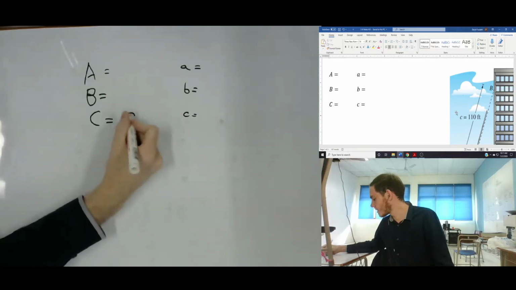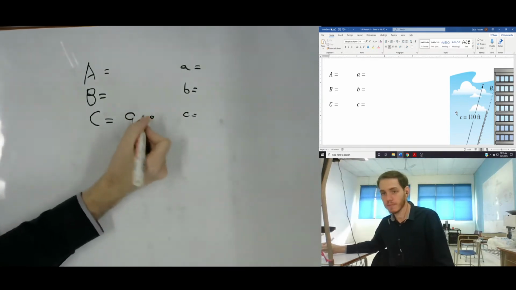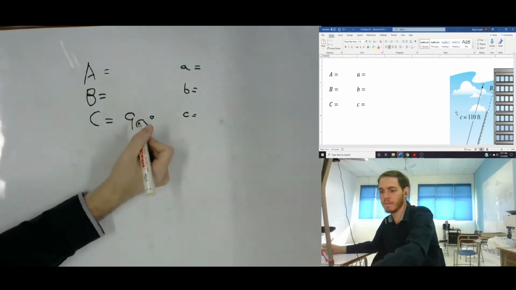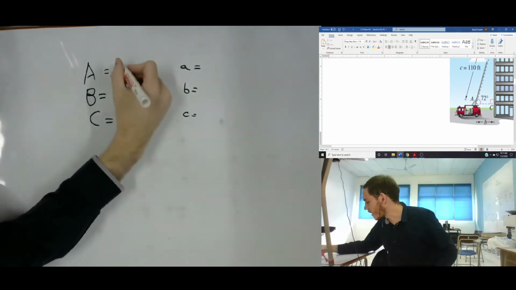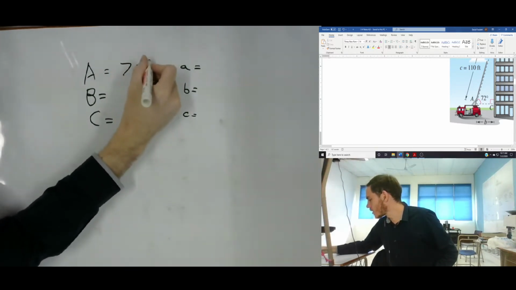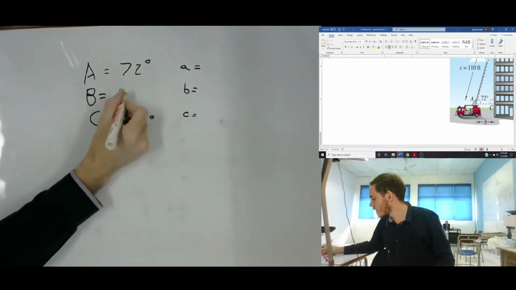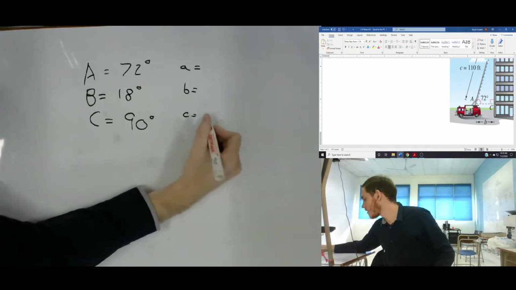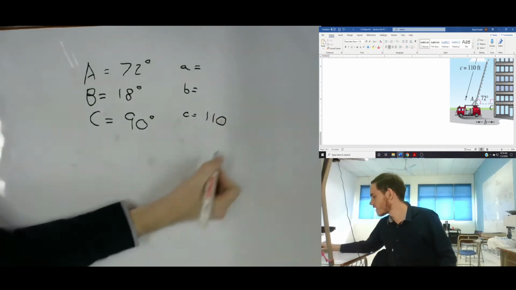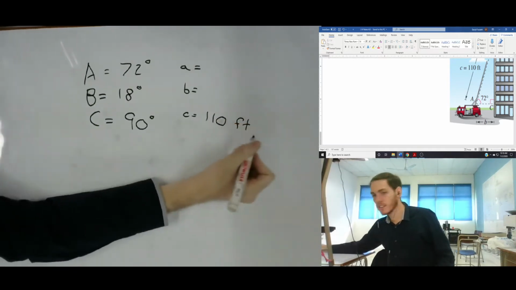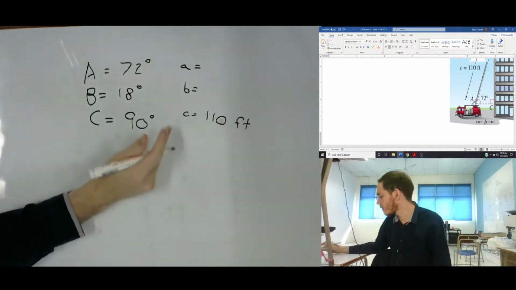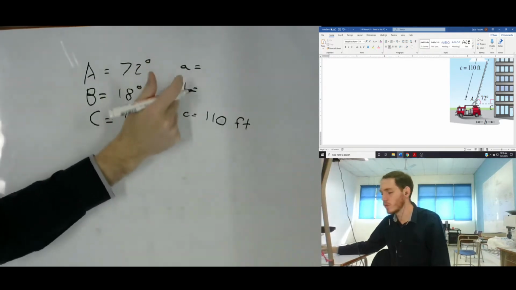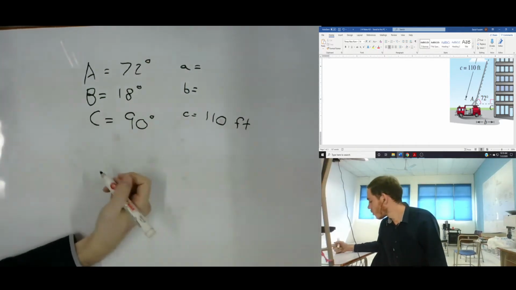So again, C is going to be 90 degrees. Angle A is 72, so that would leave 18 degrees. Okay, they give us c is 110 feet.